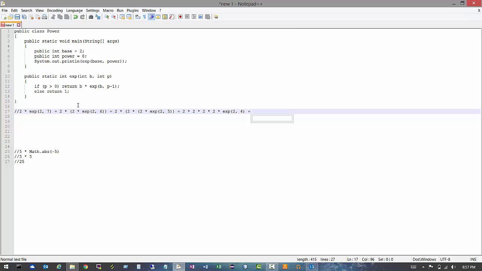So what does that equal? 2 times 2 times 2 times 2 times exp 2, 4.